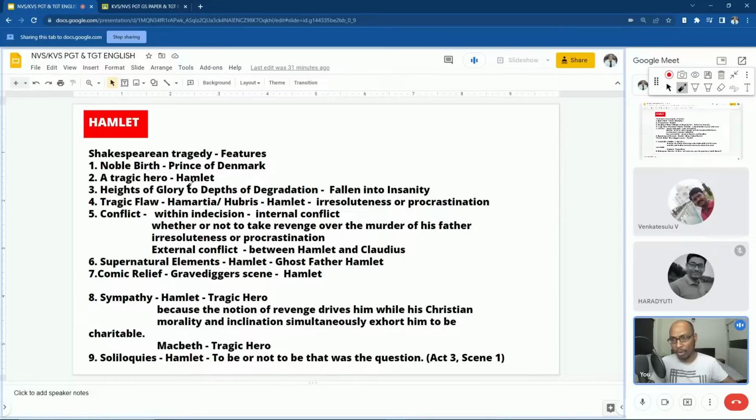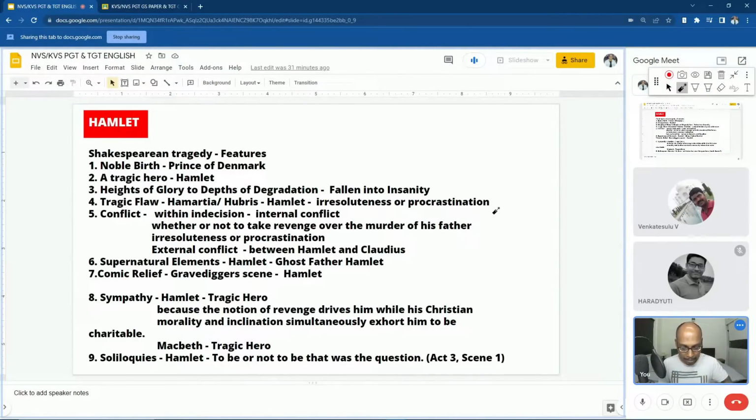Tragic flaw is also called hamartia. Hamartia can also have a synonym like hubris, overpride. So hamartia is a tragic flaw, and in Hamlet the tragic flaw is irresoluteness or procrastination. He postponed things. What are the meanings of those words? Procrastination is postponement of things.